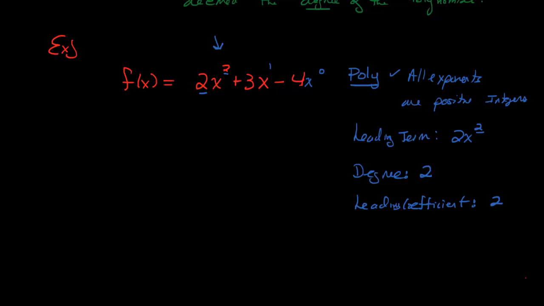Let's look at another example of a polynomial. Let us say f of x equals 3x squared minus 4/3 x cubed plus 5/6 x to the 5th minus 1. So notice here, all of our exponents, a 2, a 3, a 5.